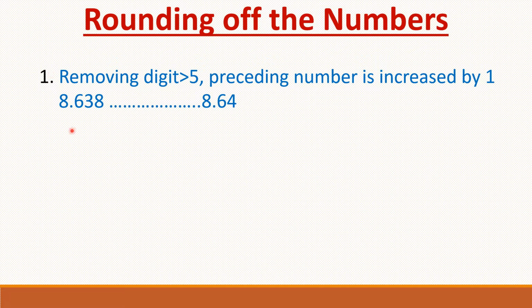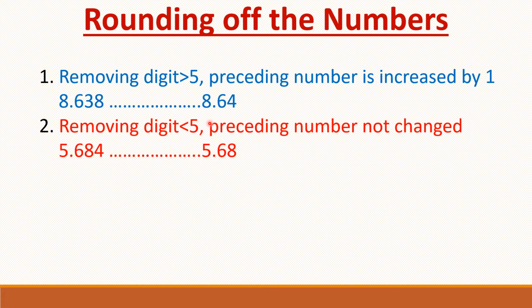For example, 8.638: when we round off the third digit, its preceding number is 3, which is increased by one, so the value is 8.64. And if the removing digit is less than 5, the preceding number is not changed. Here 5.684: the removing number is 4, which is less than 5, so the preceding number is not changed, and the value is 5.68.